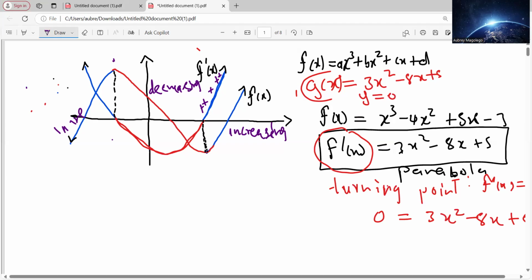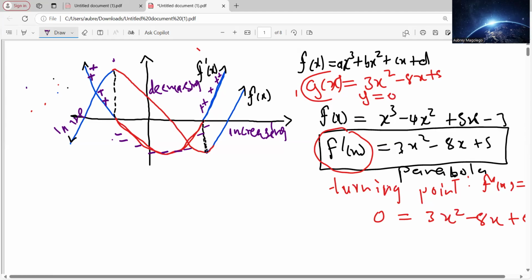So it's gonna increase where f prime is what? Positive. So where f prime is positive, the graph of f, which is the cubic, is increasing. Where the graph of the parabola is negative, that's where the cubic is what? Decreasing.